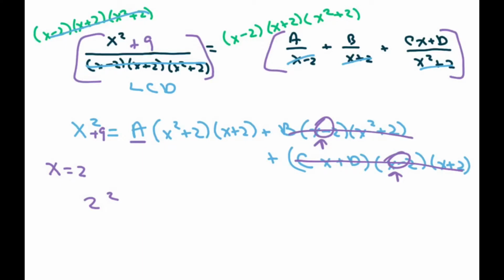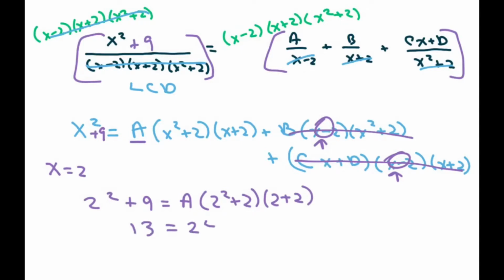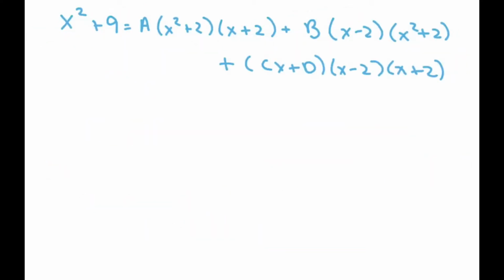Alright, 2 squared plus 9 equals a times 2 squared plus 2 times 2 plus 2. So what we get is 13 equals 24a, so a equals 13 over 24. We have to remember that one. And I put the x squared plus 9 here.